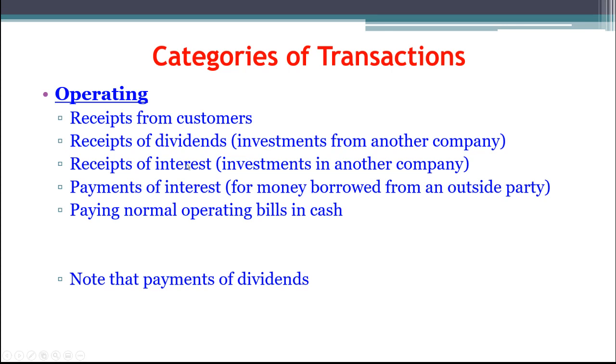But here's the other odd thing. So again, this is U.S. GAAP, what U.S. GAAP requires for the cash flow statement. But when you look at international standards, they do this a little bit differently. And to be honest with you, the international standards in this case are, in my mind, more logical.